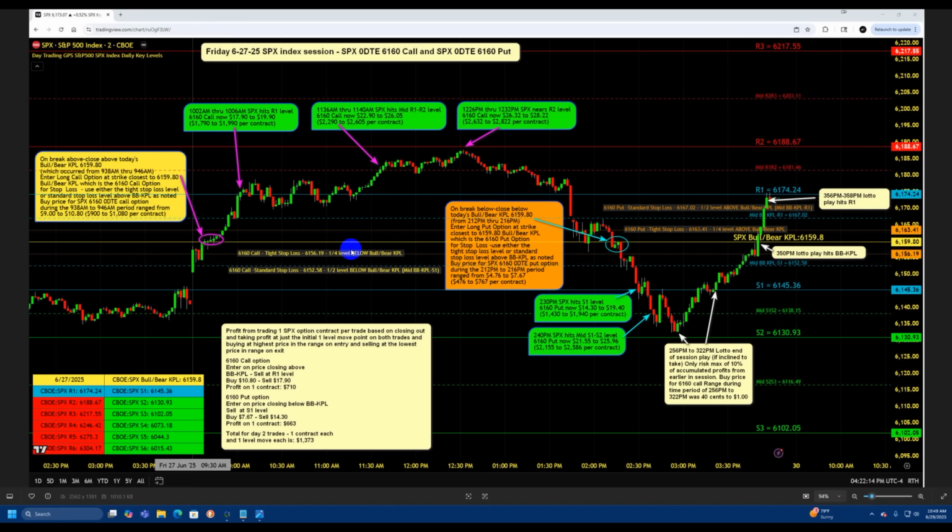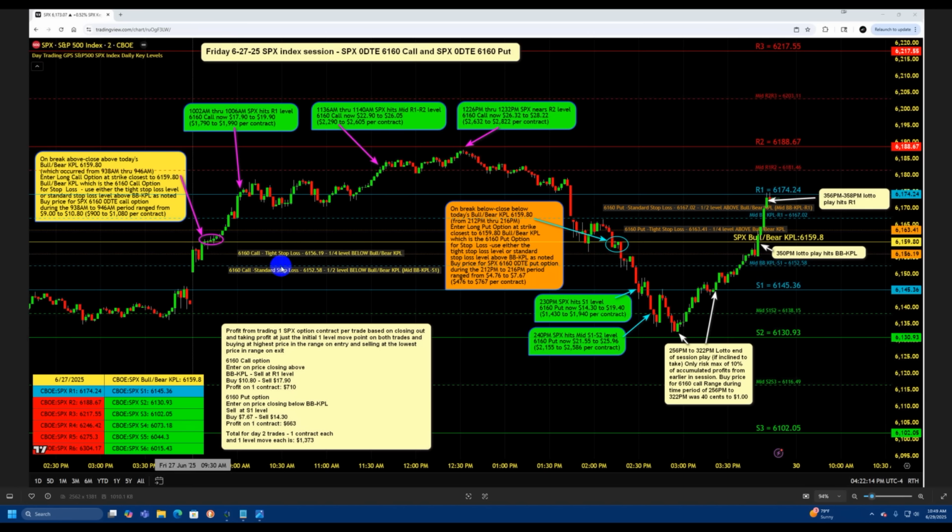Then for a stop loss, the standard stop loss would be the midpoint level below the bull bear KPL. So that would be this level here, this mid BBKPL S1, 61.5258.